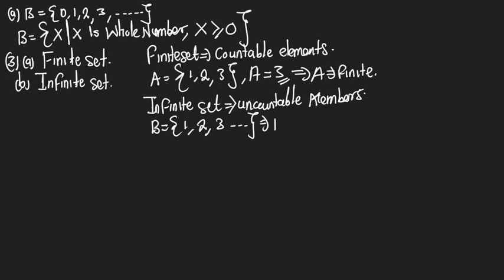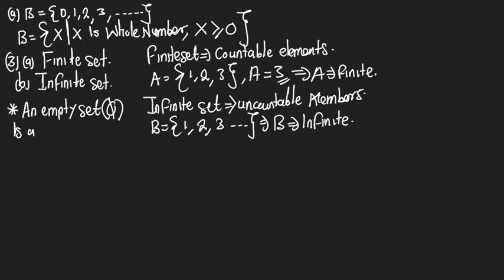Hence, we say that B is infinite. That's very important for you to understand. Another thing I want you to understand is this: an empty set, denoted by this, is a finite set. Take note of that point.